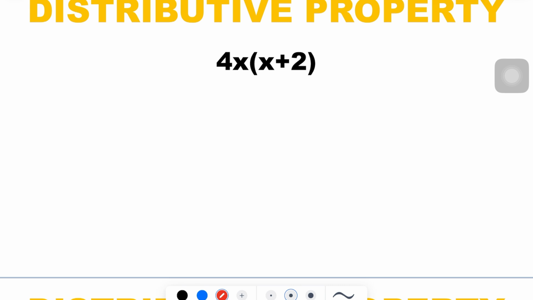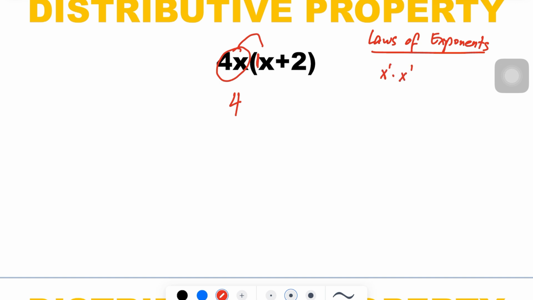Remember the laws of exponents from last week; we discussed this. So 4x times x. Remember there's a coefficient 1, so 4 times 1 is 4. x times x: remember the laws of exponents, so add them. x squared. There's an invisible 1 there.